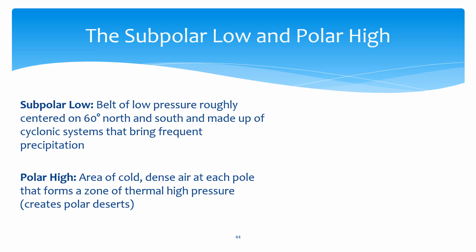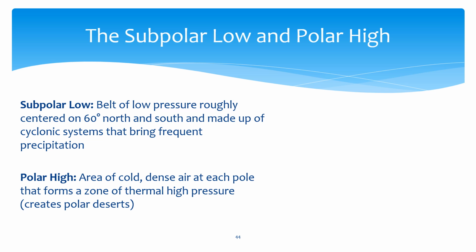The subpolar low is a belt of low pressure roughly centered on about 60 degrees north latitude and 60 degrees south latitude, made up of a whole bunch of cyclonic systems, those are our low pressure systems, that bring frequent precipitation. In fact, the subpolar low is where a lot of our wintertime storms in the mid-latitudes originate from.